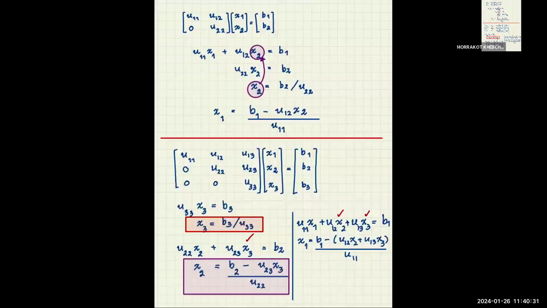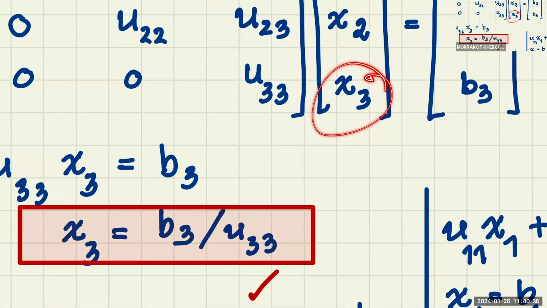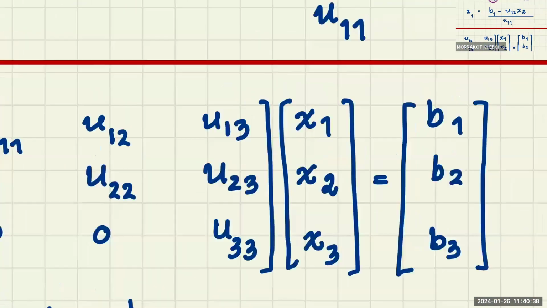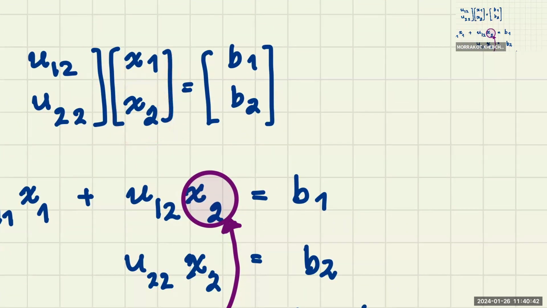You start from the last one and go down to 1. Okay, this is step down, backward substitution.